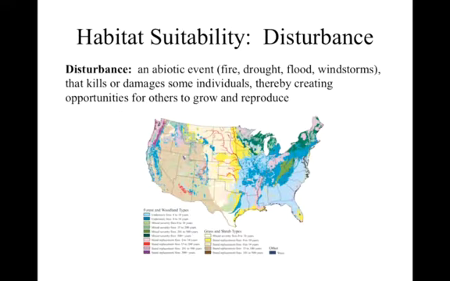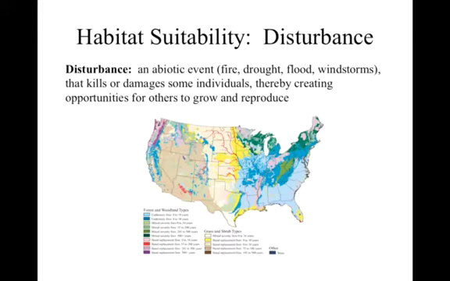The final aspect of habitat suitability, something we don't often think about as much, is disturbance. Disturbance is an abiotic event, whether it's fire, drought, flood, wind, that kills or damages some individuals in a population. This makes it easier for other things to grow there and harder for the things that are damaged. So the frequency and intensity of disturbance can influence what grows where.